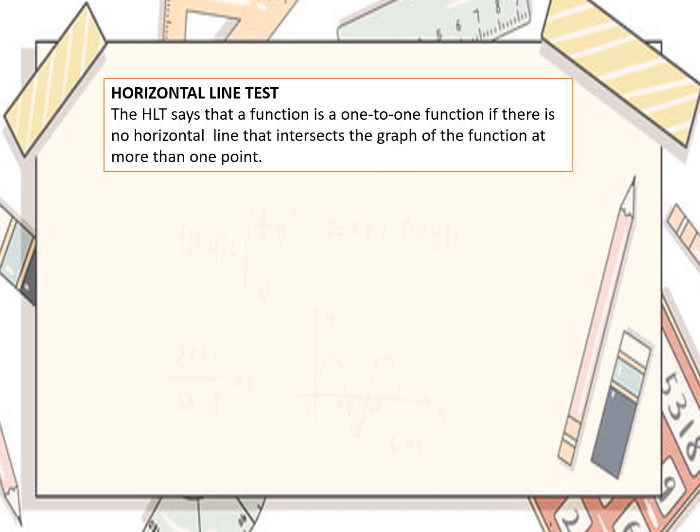So, paano naman natin ma-identify if the given graph is one-to-one function? So, meron tayong tinatawag na horizontal line test. A horizontal line test says that a function is one-to-one function if there is no horizontal line that intersects the graph at more than one point. Ibig sabihin, kapag nag-create tayo ng horizontal line sa any part ng ating graph, dapat sa isang point lang siya tatama.